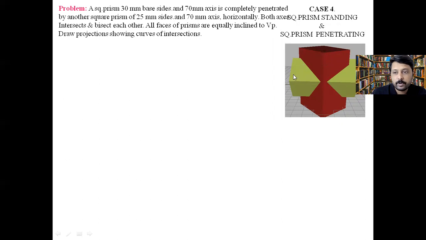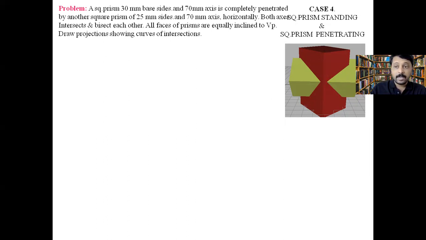So 25 mm, sorry. So this is the 25 mm, and another side which is at the back, we can't see here, which is 25. So all the sides will be 25 and the height will be 70 mm, same as that of this standing prism. Now what they are saying, it is completely penetrating and bisecting. So from the center we have to take it.